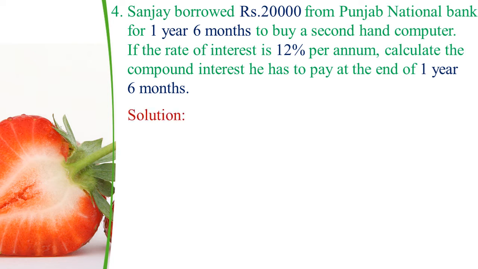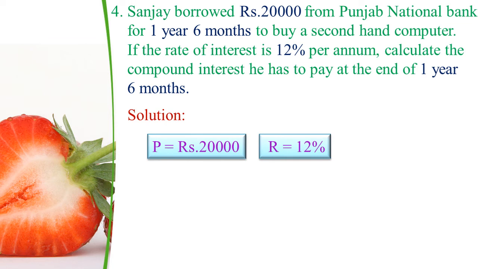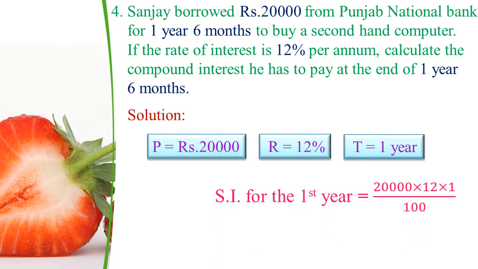Let's find the solution. Here P is rupees 20,000, R is 12% and time is 1 year. Now we are going to find simple interest for the first year.